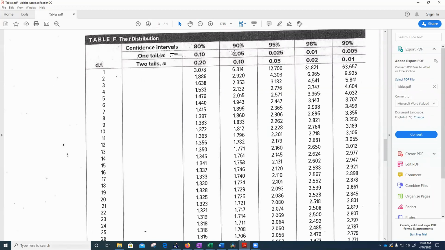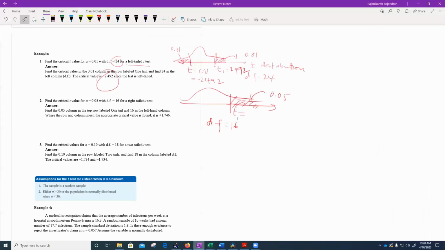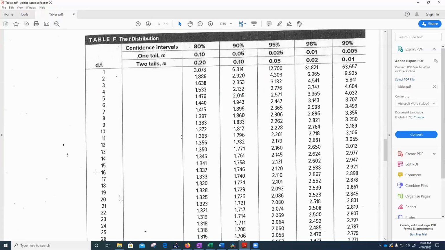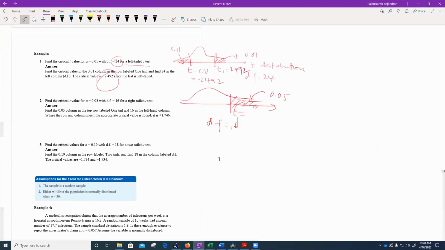So 0.05 is here, and the degrees of freedom is 16. What is that? It is 1.746. So it is positive now. That is why you have positive 1.746.